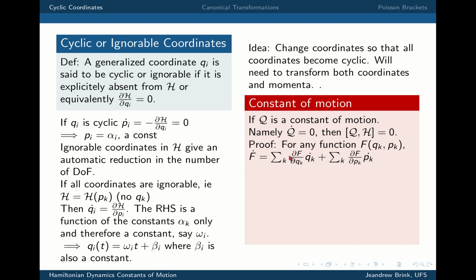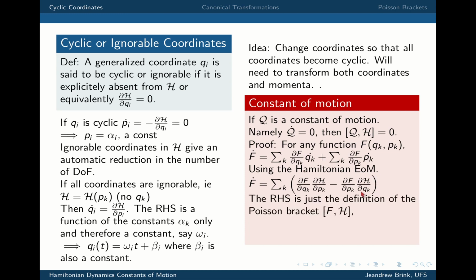Then you've got a complete expression for what f dot is. And if q dot and p dot obey the Hamiltonian equations, you can simply use that to replace them, and you're left with df dqk times dh dpk, remember it's different, they cross, minus df dpk times dh dqk, and so this is your exact definition of the Poisson bracket.